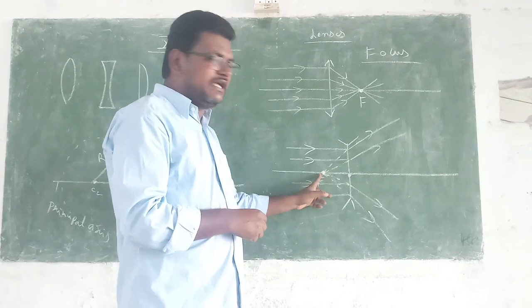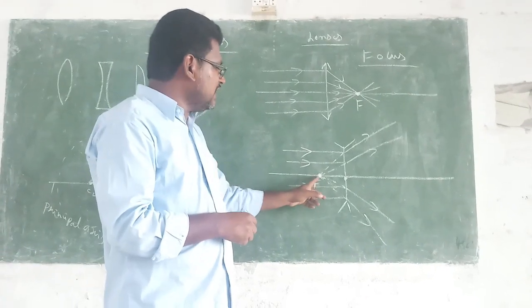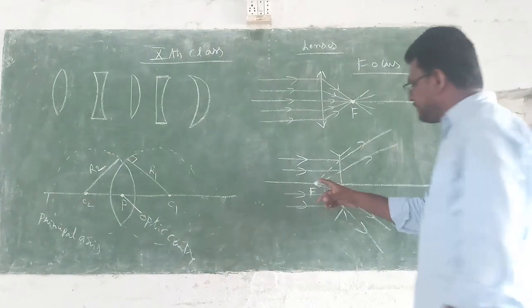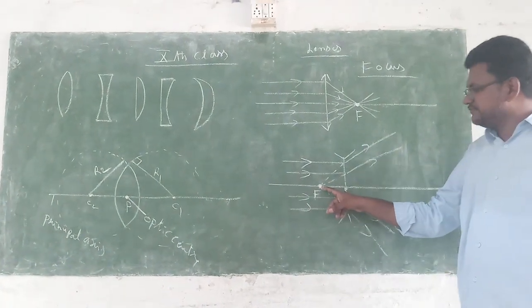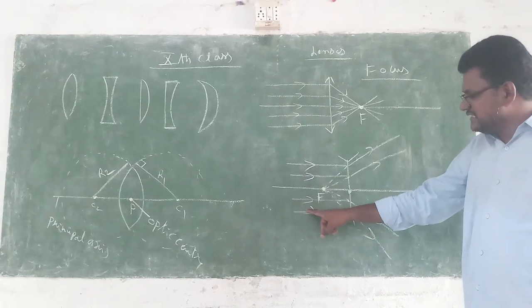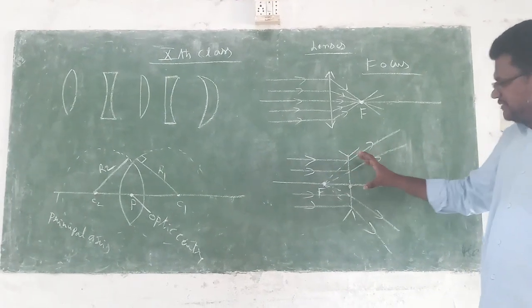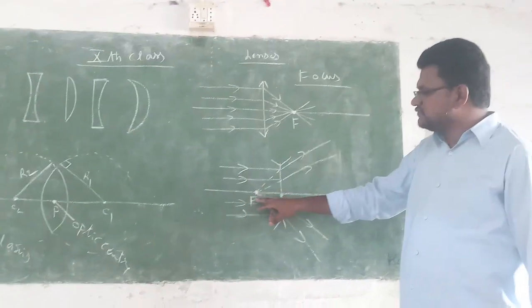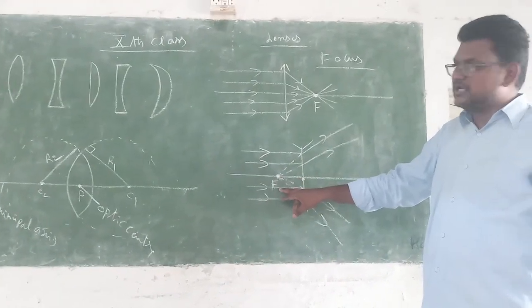The point on the principal axis from which the refracted light rays of parallel incident light rays seem to be coming out is called a virtual focus or a virtual focal point.